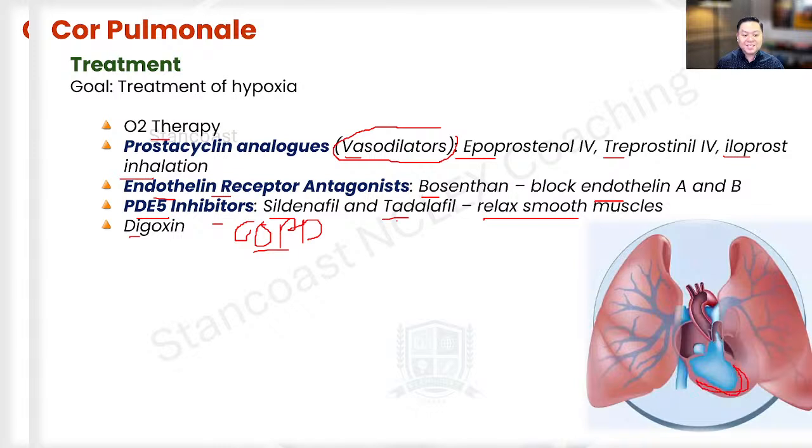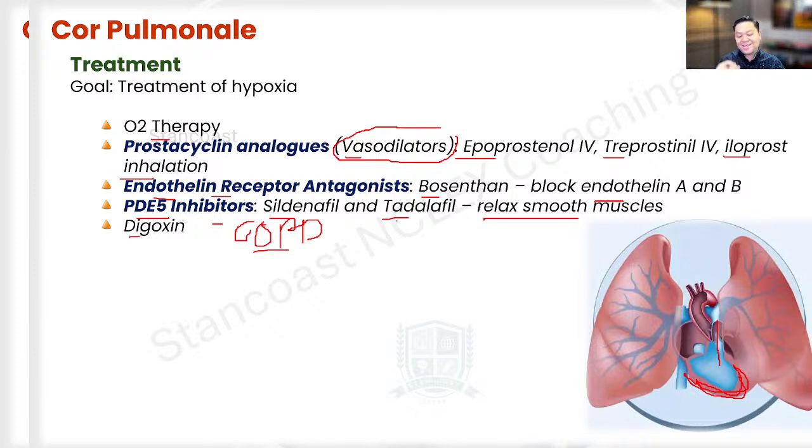Remember about the dilation of the right side of the heart? Because of that weakening, it's not able to really pump the blood from the right side of the heart. But when we treat the patient with digoxin, this will strengthen the heart muscle in order for it to be much more effective in pumping the blood and delivering the blood into the pulmonary arteries, and the pulmonary arteries will carry the blood into the capillaries in the lungs for oxygenation.